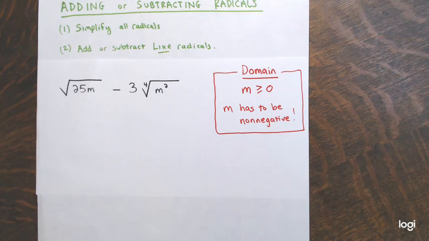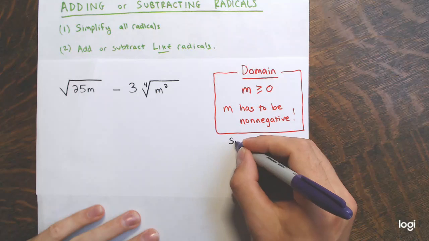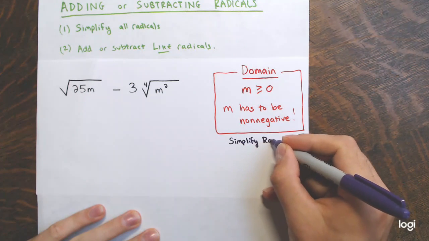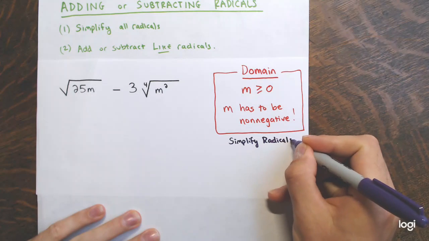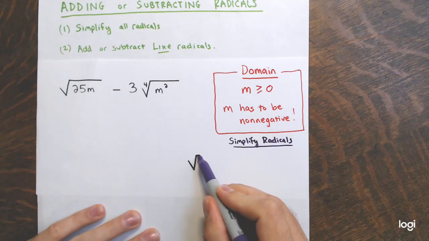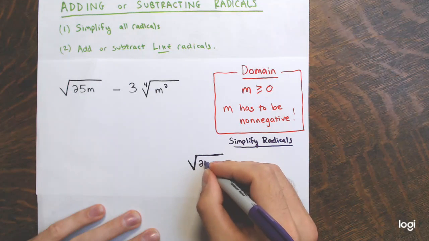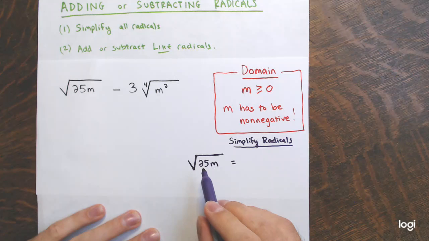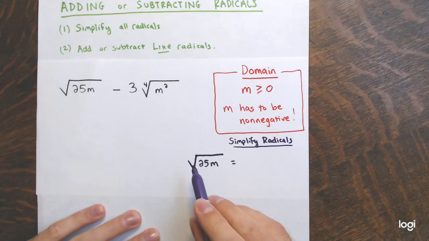Alright, so simplifying the radicals. That first step. Well, one of them is pretty simple. The square root, actually. We have the square root of 25m, that radical. And this one's pretty easy to break up. Now we're looking for perfect squares.